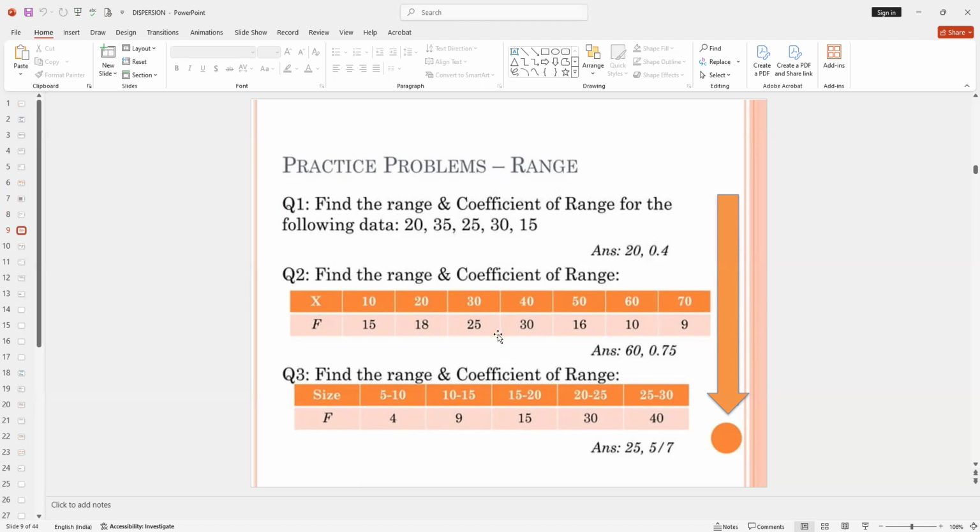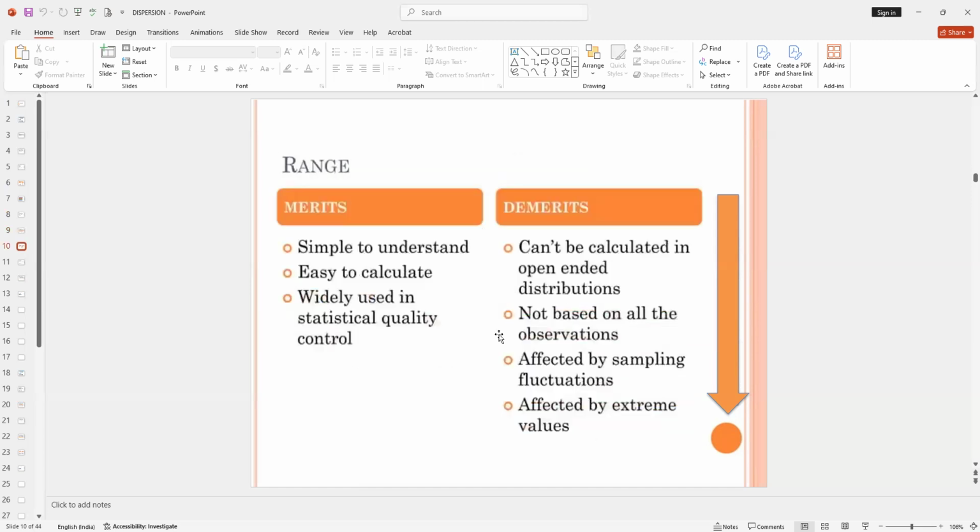Then moving forward, we discuss the merits and demerits of range. The merits of range are that it is simple to understand, easy to calculate, and widely used in statistical quality control. The demerits of range are that it cannot be calculated in an open-ended distribution.